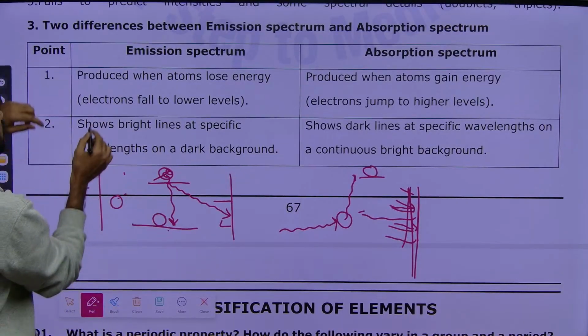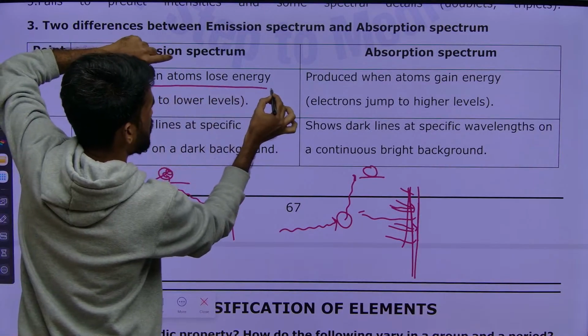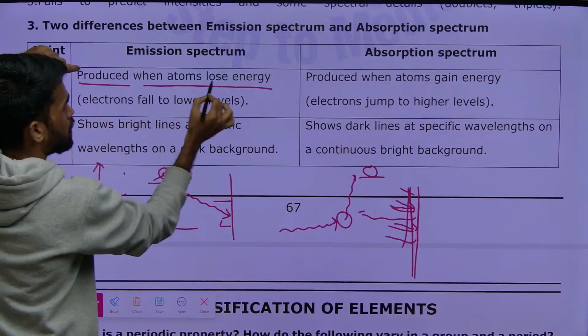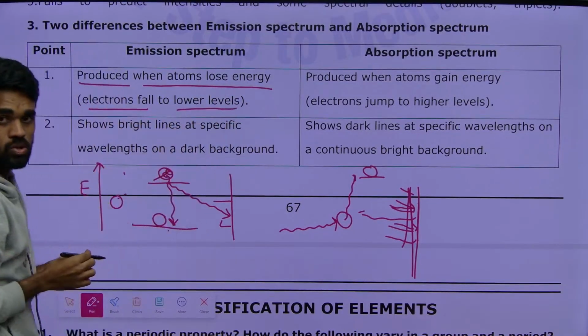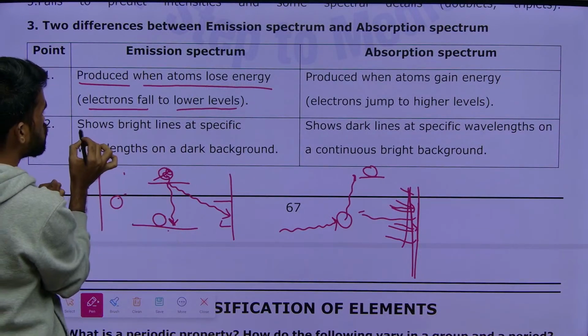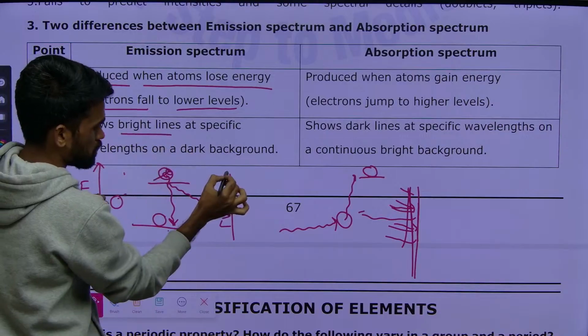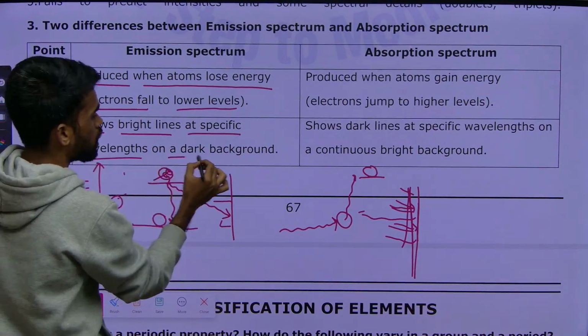Now see, this emission spectrum is produced when an atom loses energy. When an atom loses energy, the electron falls to lower levels. When it is falling into the lower level, it shows bright lines at specific wavelengths on a dark background.